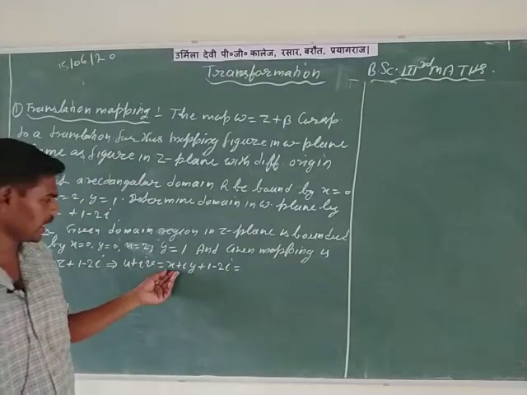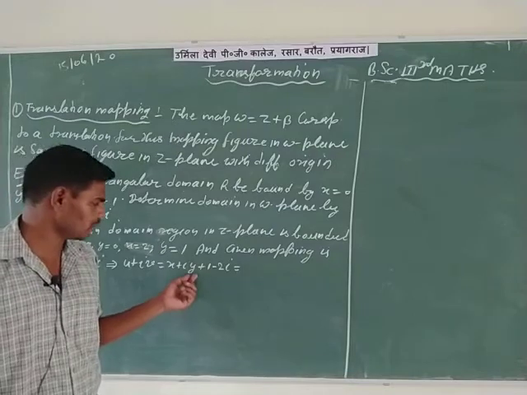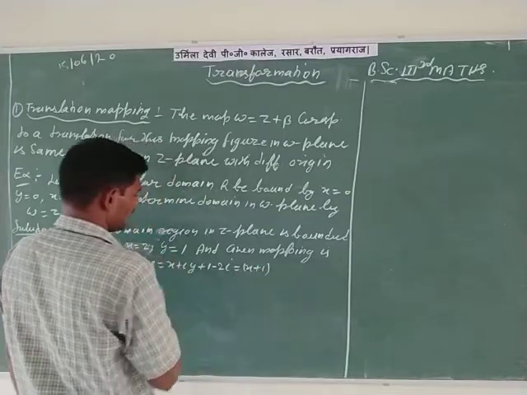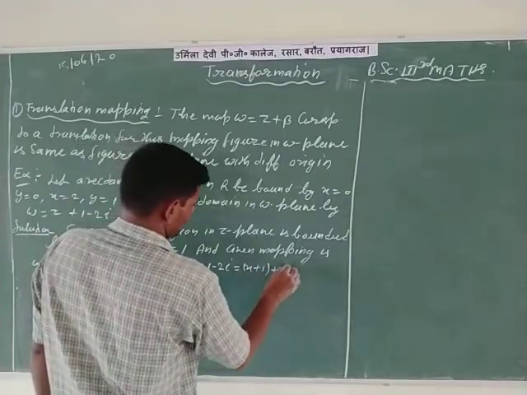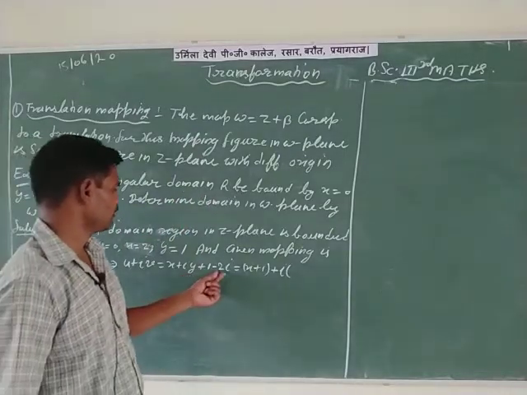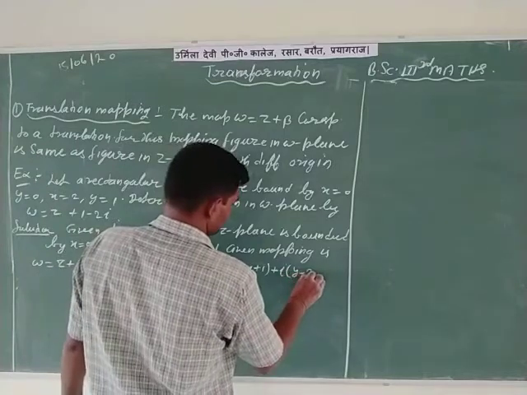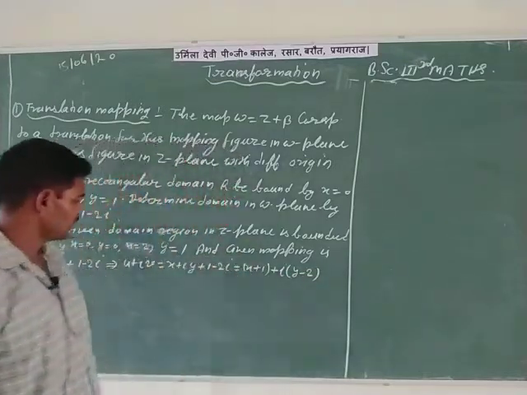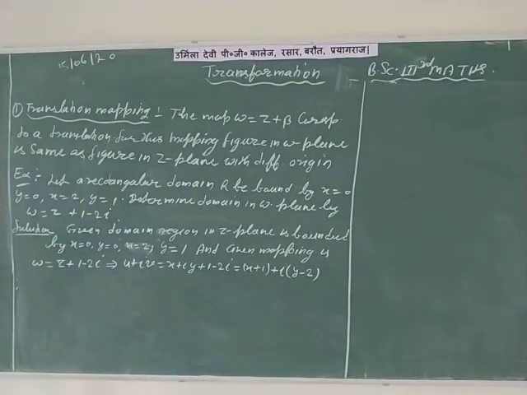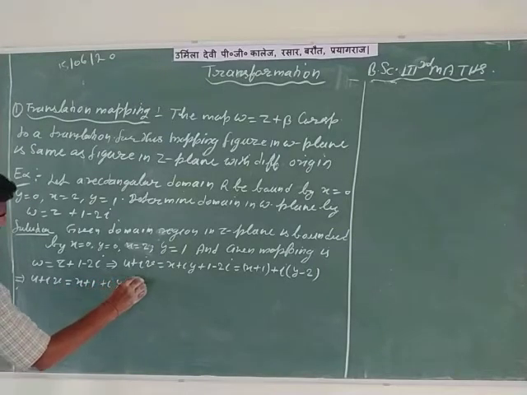In this equation, take the total real values in one bracket and the total imaginary values in a second bracket. So x plus 1 in the first bracket, and i taken outside the bracket, in the imaginary part is y minus 2. So u plus iv is equal to x plus 1 plus i times y minus 2.